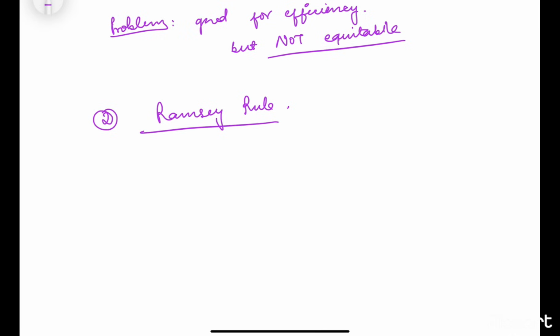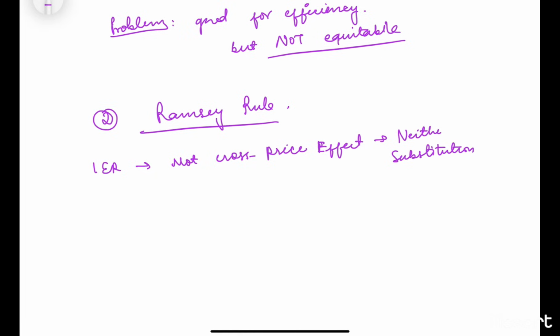And the most important difference is that in our inverse elasticity rule, we were considering that there is no cross price effect, neither substitution nor complement of the goods basically.